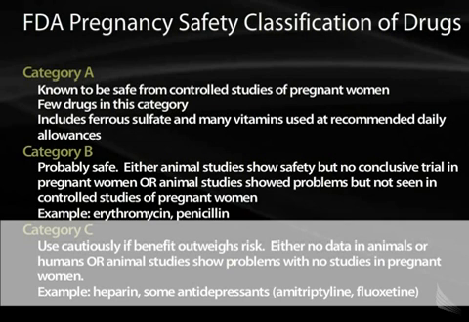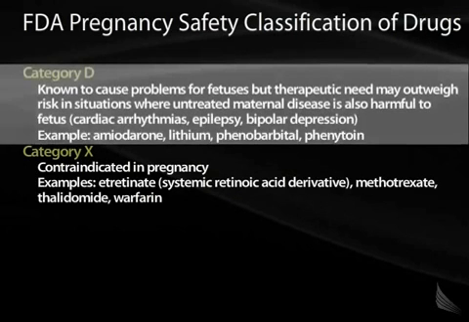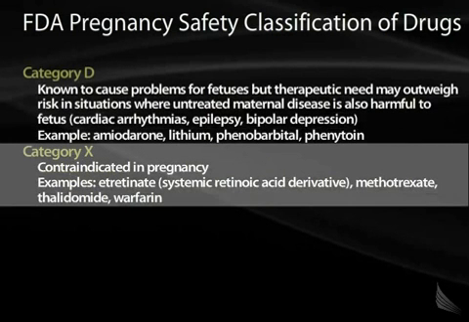These include medications such as fluoxetine and amitriptyline. Category D are medications that are known to cause problems for fetuses, but if the mother needs to take them to stay alive, then they should be taken. And these include medications such as lithium, phenobarb, dilantin, phenytoin, amiodarone. Category X should absolutely not be used during pregnancy. And that includes methotrexate, thalidomide, and warfarin.